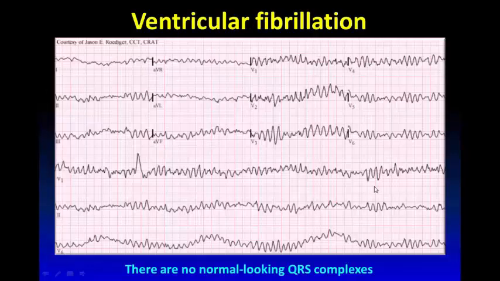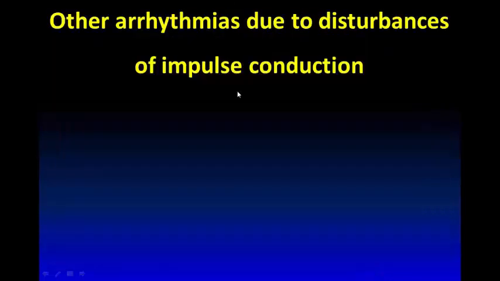Here we have a 12-lead ECG showing ventricular fibrillation. There are no normal-looking QRS complexes in any of the leads, and this is typical of ventricular fibrillation.